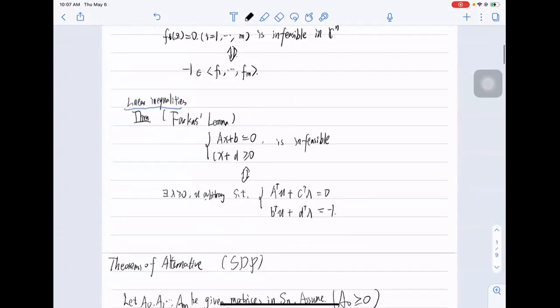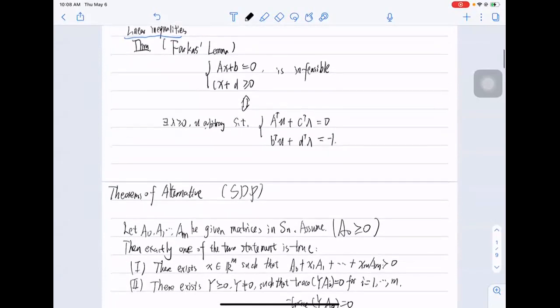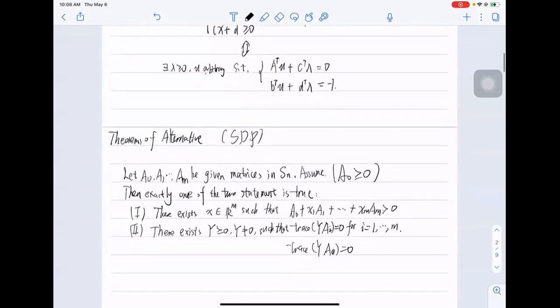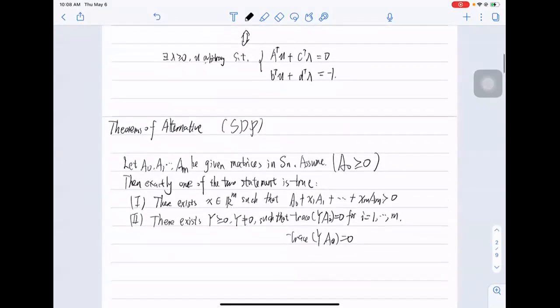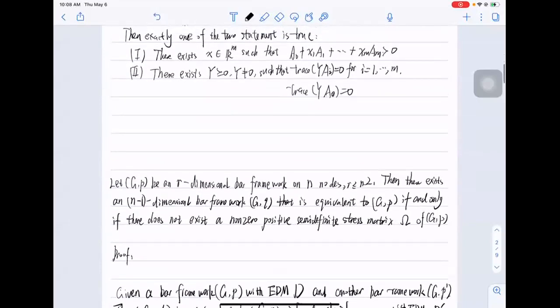Today we introduce another theorem of alternative in semi-definite programming. This theorem is usually the key to prove a theorem about the stress matrix. So the main theorem I want to prove is this theorem.